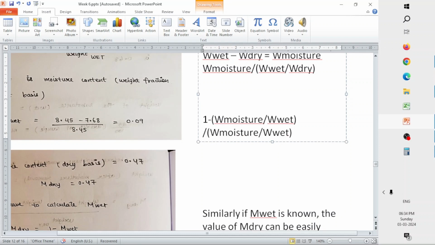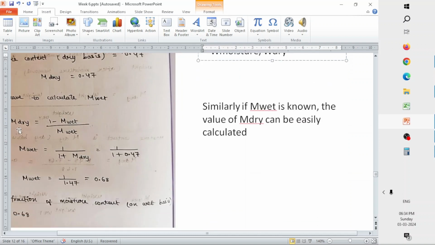If you do this, if you take this to the other side, the weight of wet divided by your W wet will be nothing but the weight of dry, and then if you solve this, you will get the weight of moisture over the weight of dry, which is nothing but your M dry.